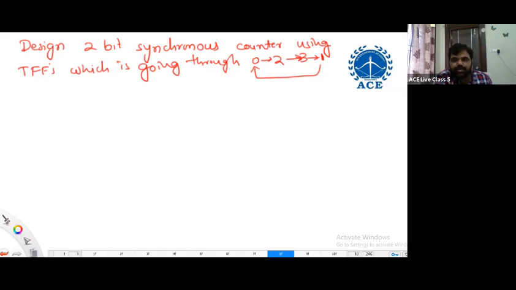Gray count, 2-bit gray counter. Gray sequence 0, 0, 0, 1, 1, 1, 1, 0. Again back to 0, 0. How to write gray codes I mentioned. How to get gray codes also I discussed. Shilpa.